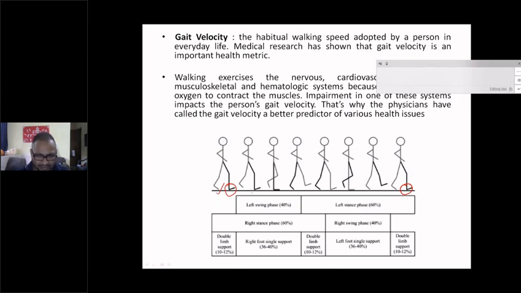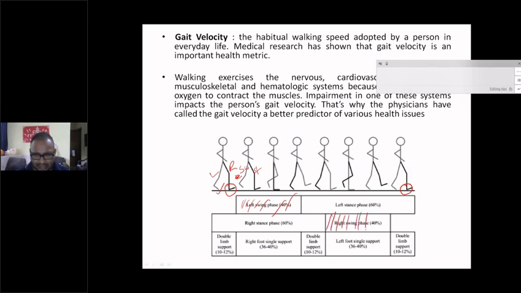You can see that your left foot is in the air. This is the left foot. This is the right foot. This is in swing phase. This is in stance phase. So when the left foot is in the swing phase, up to this point it is in swing phase. After that it is becoming the stance phase.